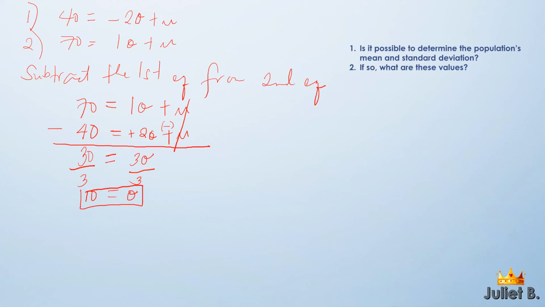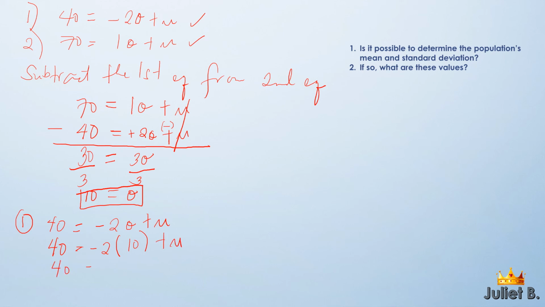For us to get the mean, we will just substitute the value of the standard deviation from either the first equation or from the second equation. Let us substitute it at the first equation. 40 is equal to negative 2 standard deviation plus mean. So 40 is equal to negative 2 times the value of the standard deviation, that is 10, plus mean.